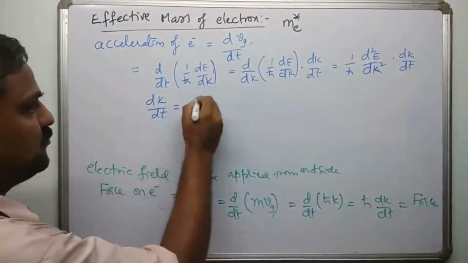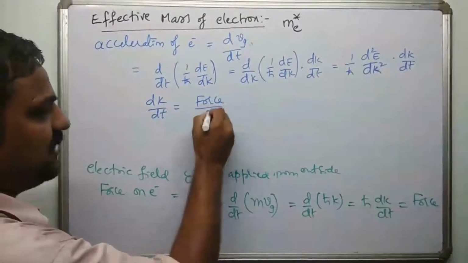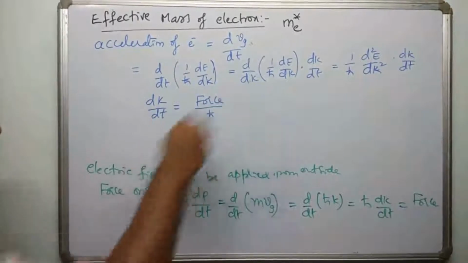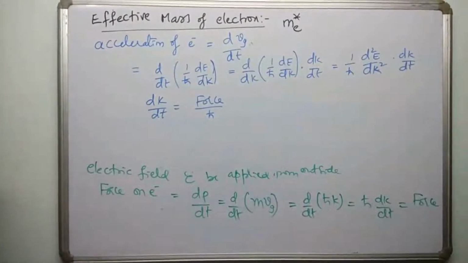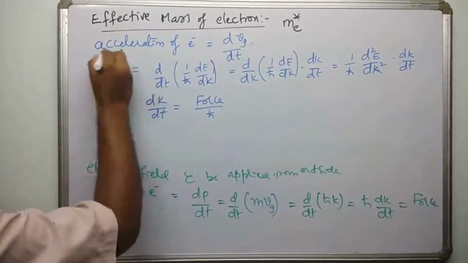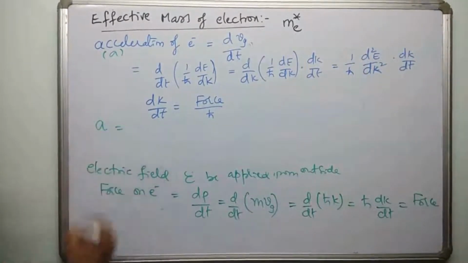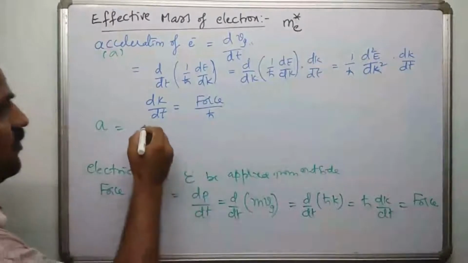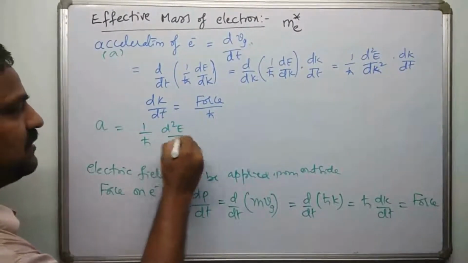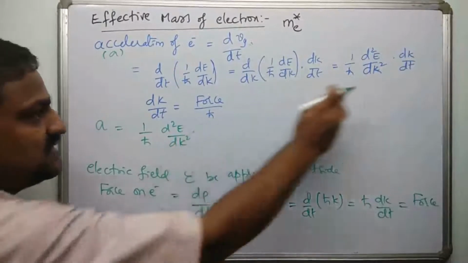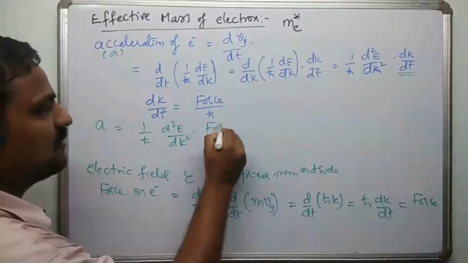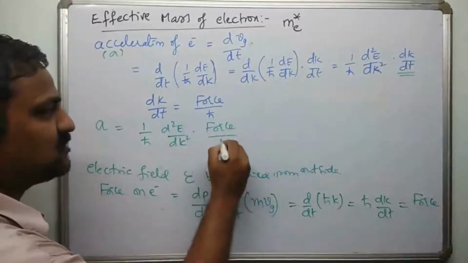So if you substitute it here in this expression, what you get is the acceleration, which I'll call a. So a is finally equal to 1 by h cross d square E over dk square times dk by dt. This term I'll write as the force on the same electron divided by h cross.